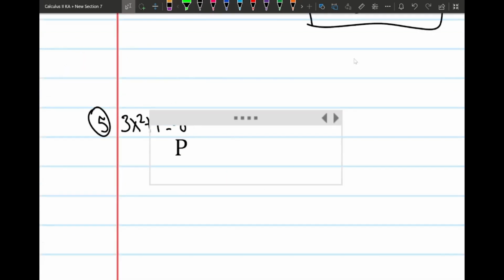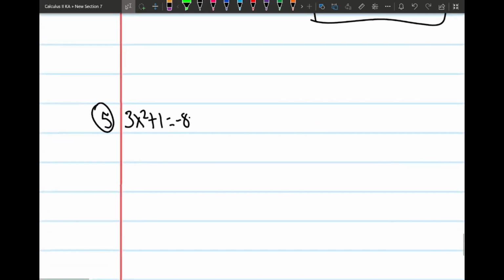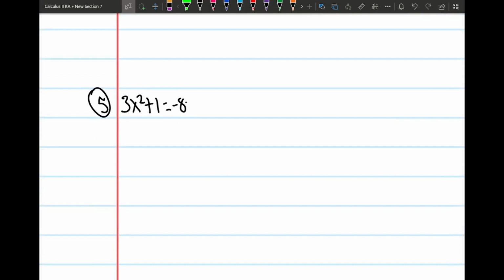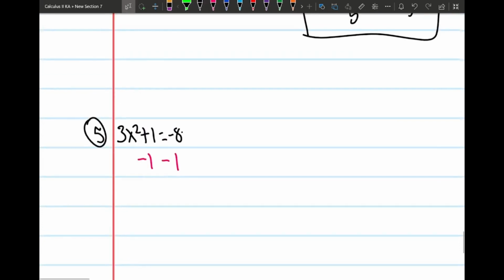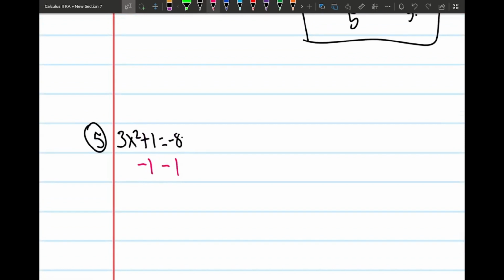Okay guys, so this is going to be our last one for this video. We have 3x squared plus 1 equals negative 8. So, again, we're going to do the same thing. Now notice this one is actually equal to a number. This one's different, so what you're going to want to do is get rid of whatever's in here.